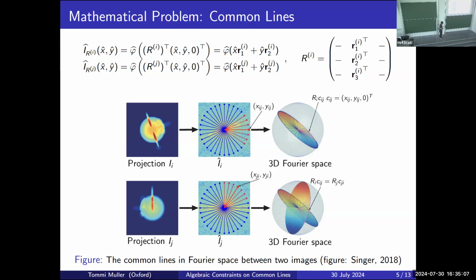If you take this line in 3D Fourier space and project it down onto the Fourier space of the image, that line will give rise to one line here in I hat I, and the same line will give rise to a line in I hat J. And we call these lines common lines for image I and image J. And they correspond to this single line in the intersection in 3D Fourier space.